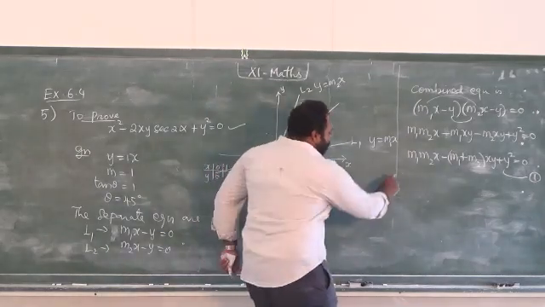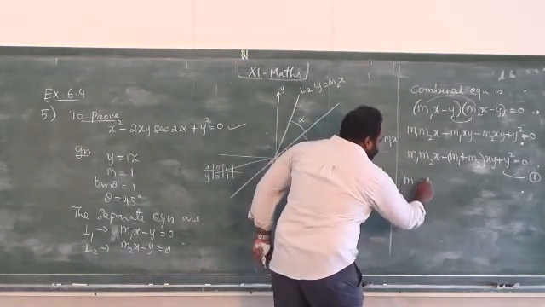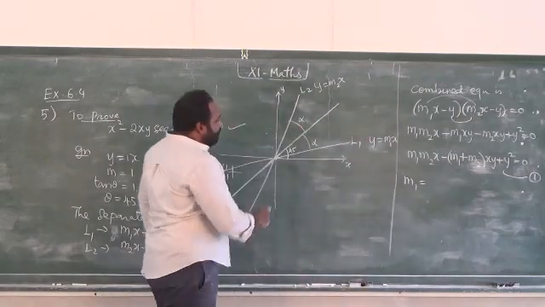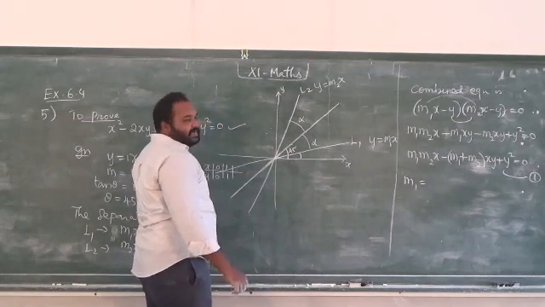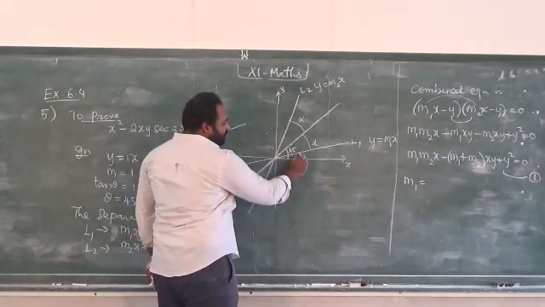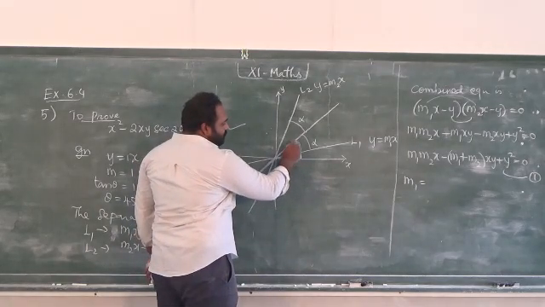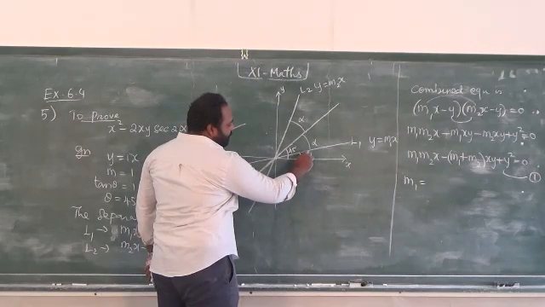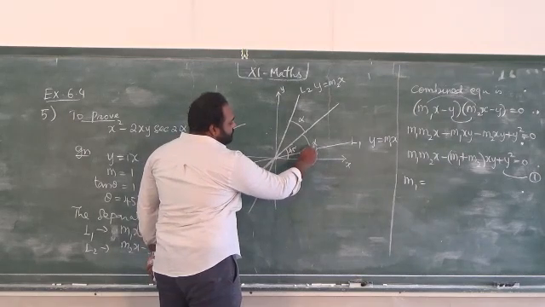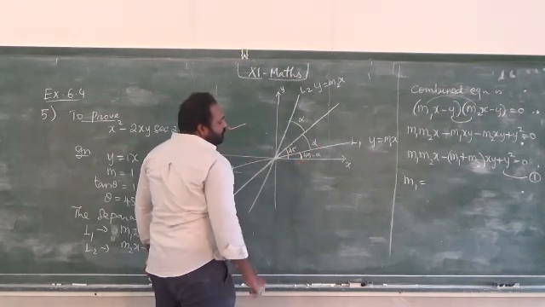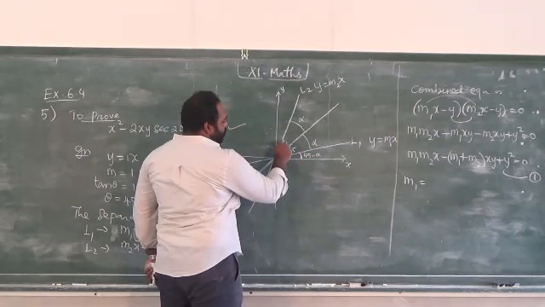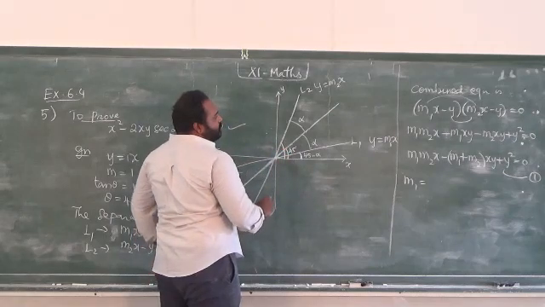How can we find out m1 value? So m1 is the slope of the first line. So total slope 45 degree, if you subtract this alpha, you will get the slope of this one. Same like that, m2 is the slope of this. So this angle is the slope of m2.